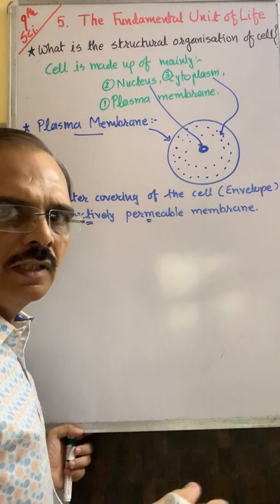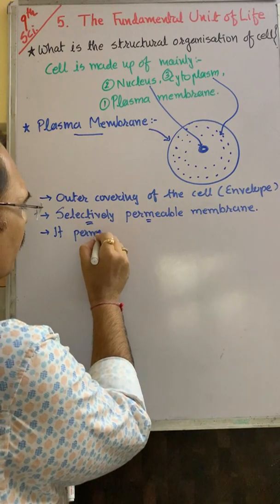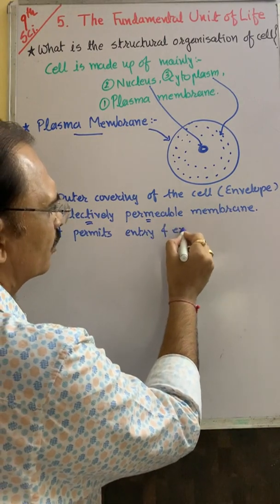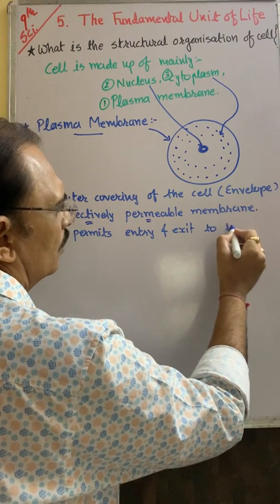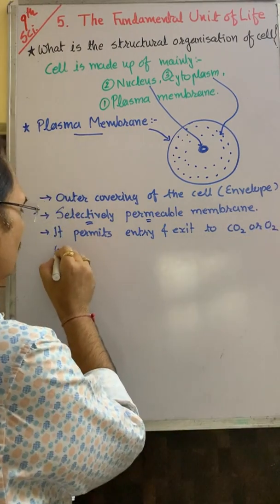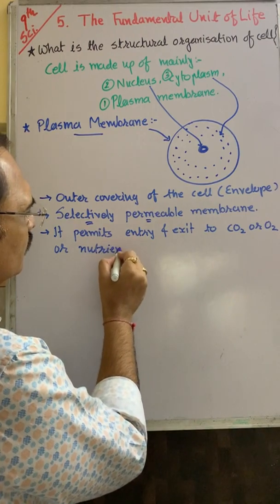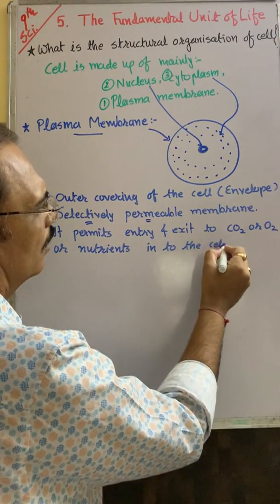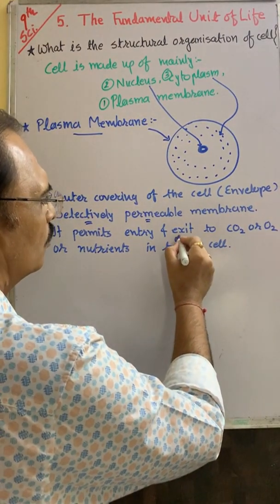Permeable means it gives permission. So it permits entry and exit of carbon dioxide, oxygen, or nutrients into or out of the cell.